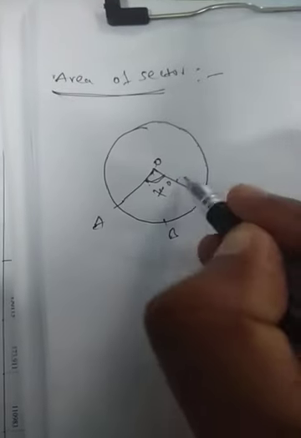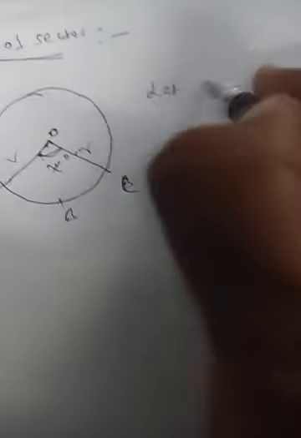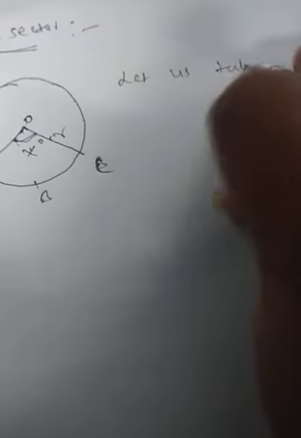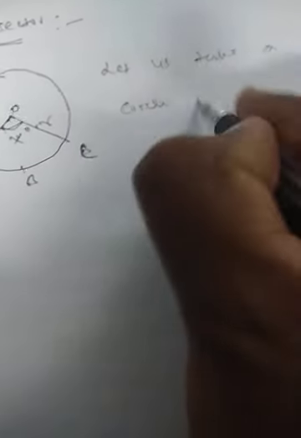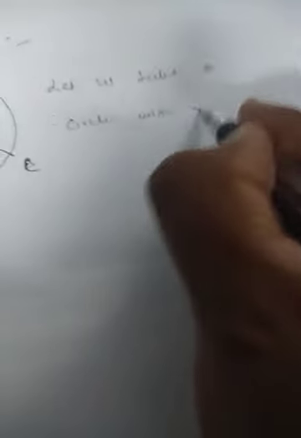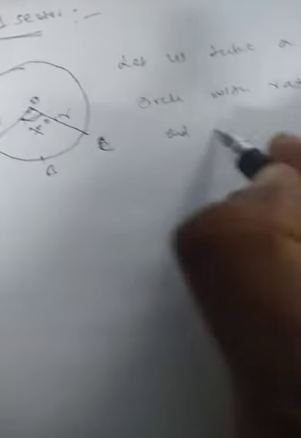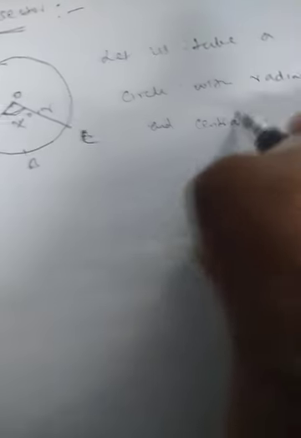Let us take a circle with radius R and central angle x degrees.